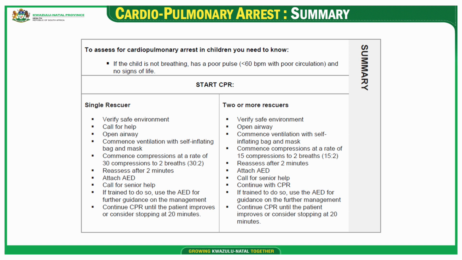Reassess after 2 minutes. Make sure you attach your AED if that is available. Call for senior help, and if you are trained to do so, use your AED. You continue your CPR until your patient improves, or consider stopping after 20 minutes.